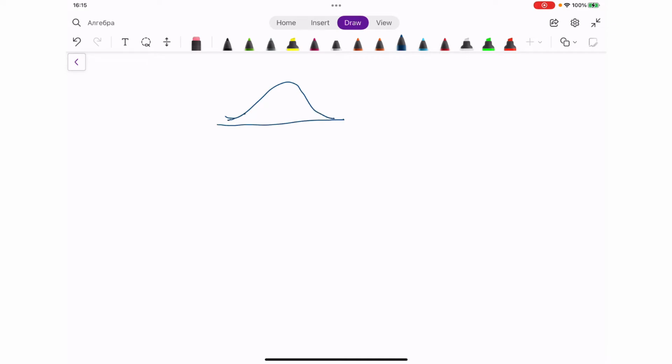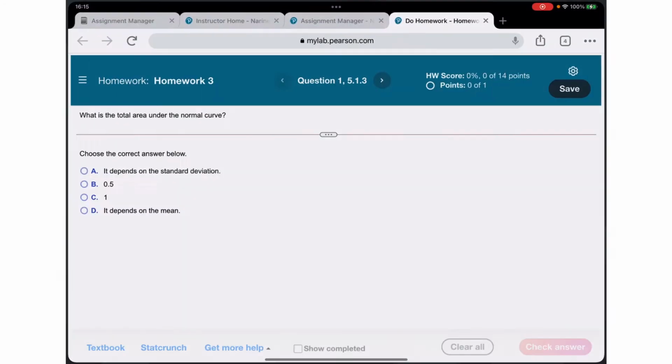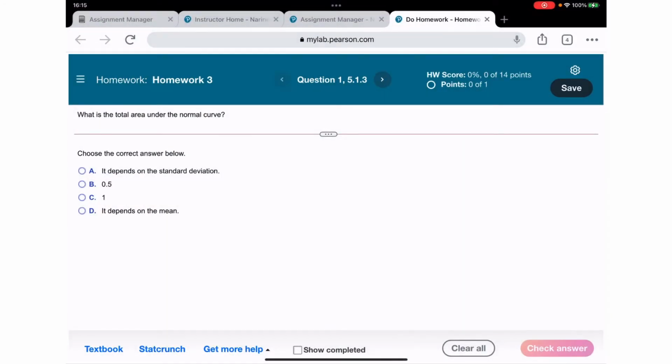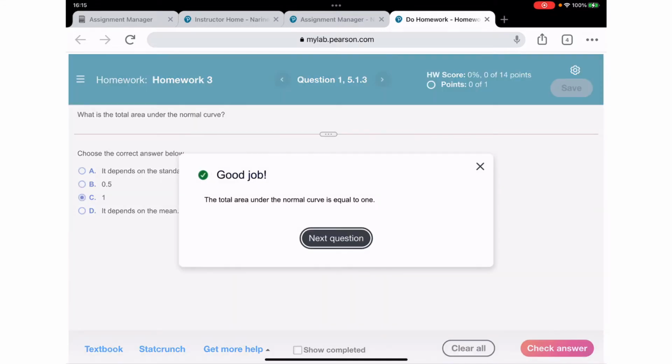When we have evenly distributed data, 100%. Well, approximately 100%. And this 100%, portion-wise, is going to be 1, right? So the answer is going to be 1. Checking.